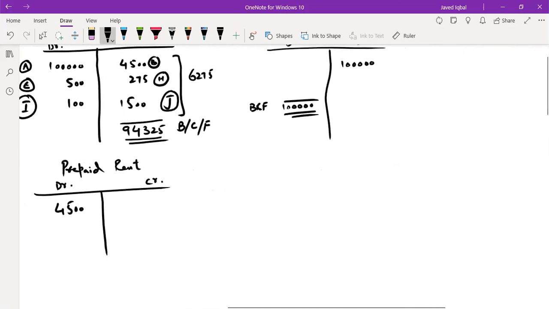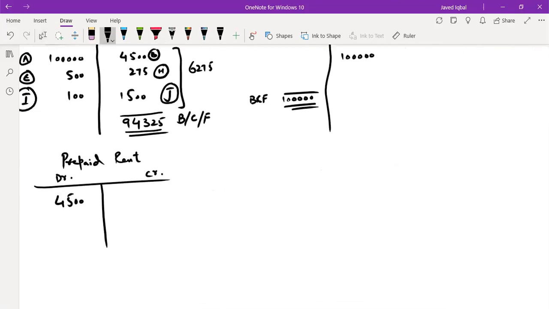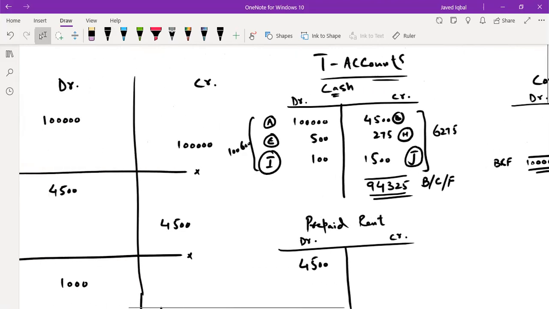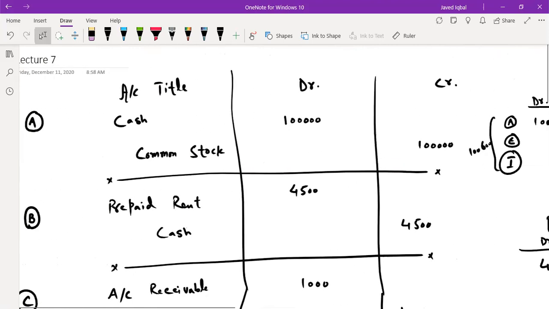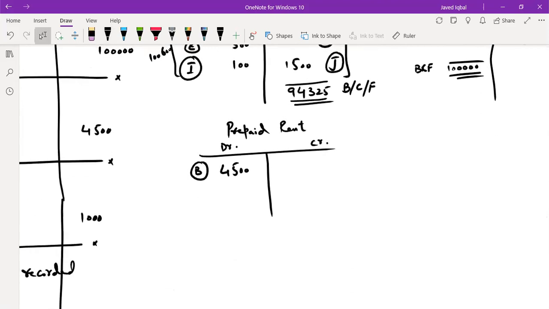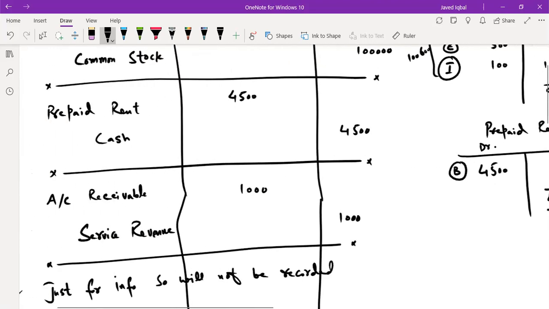Okay, I forgot to mention that the amount of 100,000 has come from transaction number A. Prepaid rent is basically transaction number B. Since we have done nothing with prepaid rent afterwards, it will be closed as a credit balance. So this will be balance carried forward as 4,500 on the credit side.